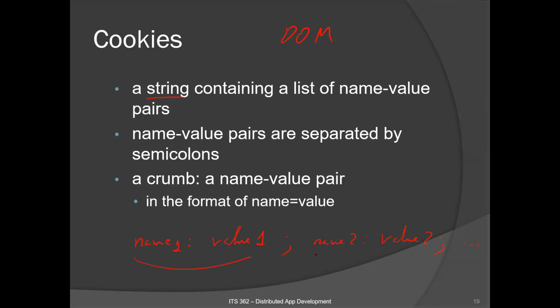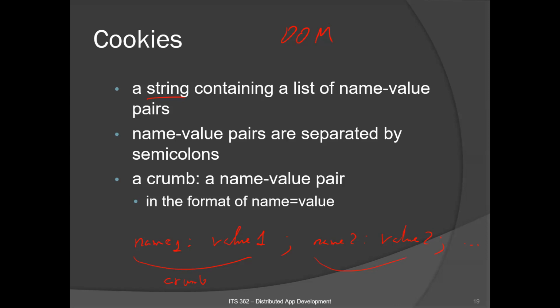So each one of these is a cookie, sometimes referred to as a crumb, the idea, I guess, being that you take the cookie and you break it into pieces. So you break a cookie into crumbs, and that's kind of the idea.